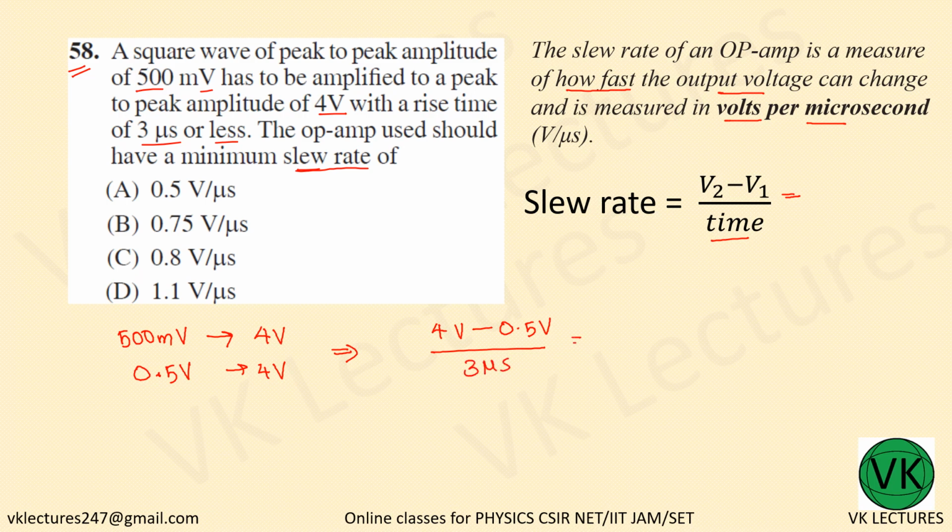So 4 minus 0.5, that is 3.5 volt, divided by 3 microsecond. So it will be almost 1.1 volt per microsecond. This is your answer. So option D.